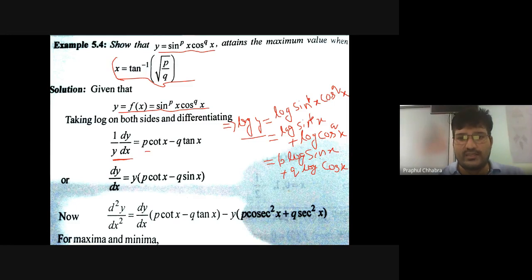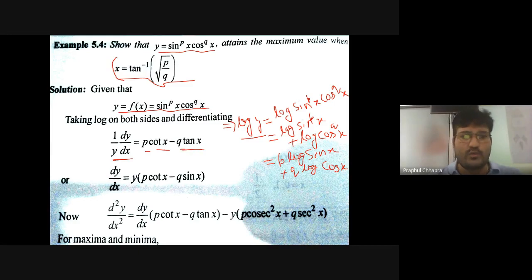Differentiation of log sin x will be 1 upon sin x और sin x का cos x, 1 upon sin x into cos x, that is cot x, plus q as it is, log cos x का differentiation 1 upon cos x into minus sin x, that is minus tan x.